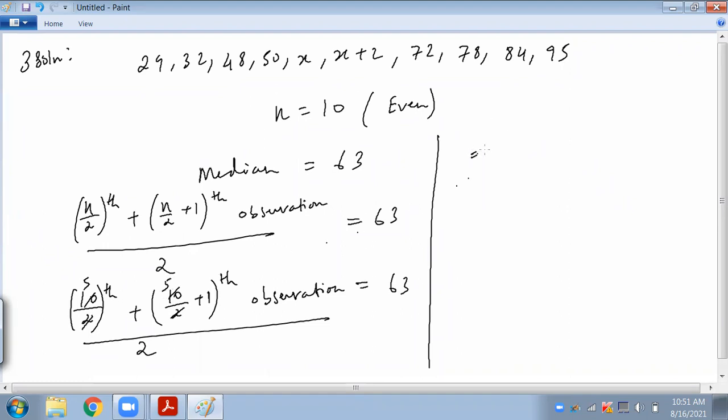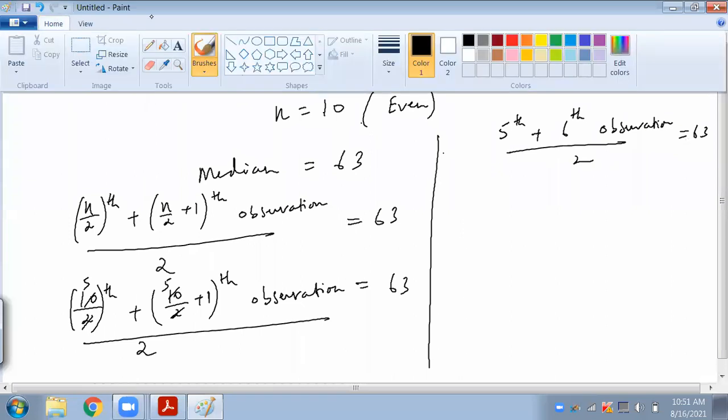So what will we get? 5th plus 5 plus 1 is 6th observation by 2 equal to 63.